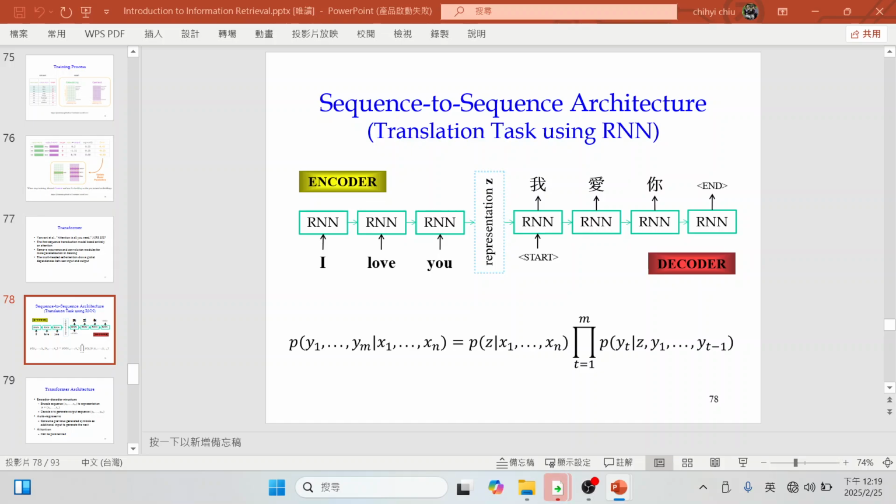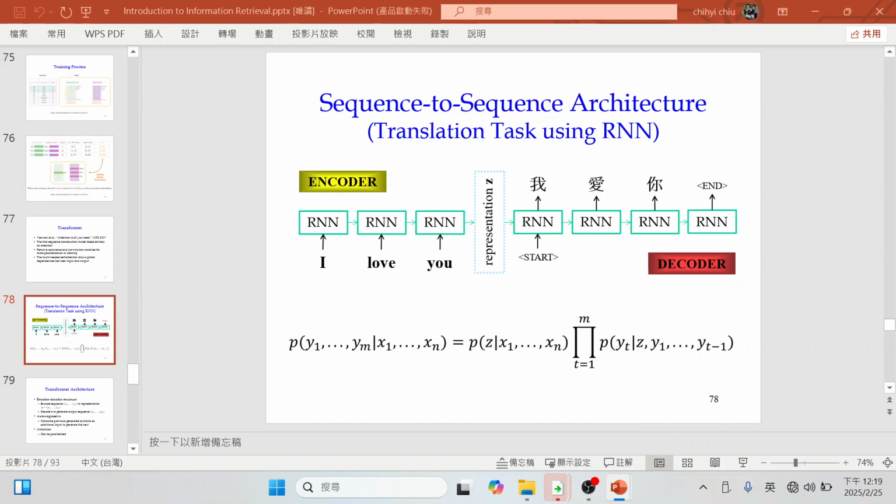And this is the basic architecture for sequence-to-sequence learning. In this architecture, you can see we perform a task called translation using RNN. You see it's the encoder and decoder architecture here.